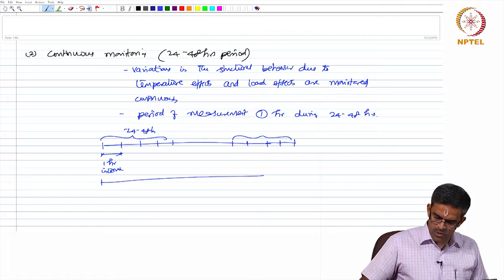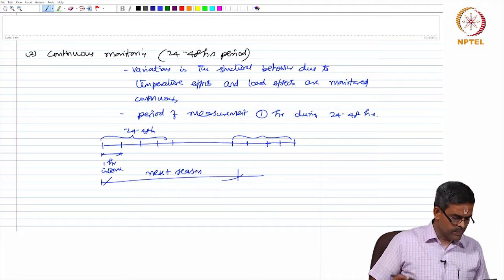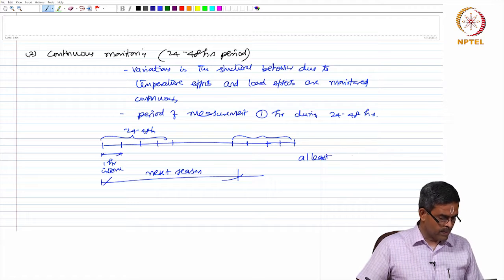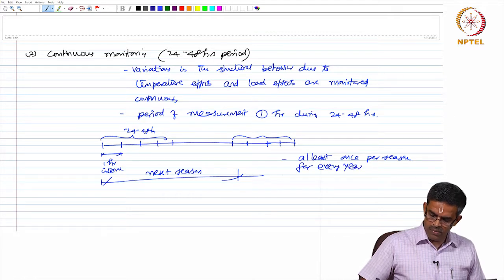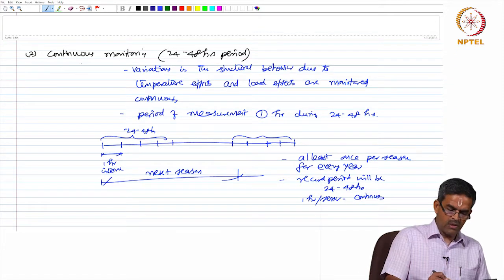So, the gap between these two will be the next season. So, we should say that one should at least record once per season for every year. Whenever you record, the record period will be 24 to 48 hours, 1 hour per sensor continuous. That is the continuous monitoring period.